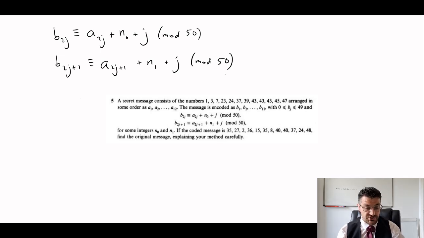If the coded message is 35, 27, 2, 36, 15, 35, 8, 40, 40, 37, 24, 48, find the original message, explaining your method carefully.